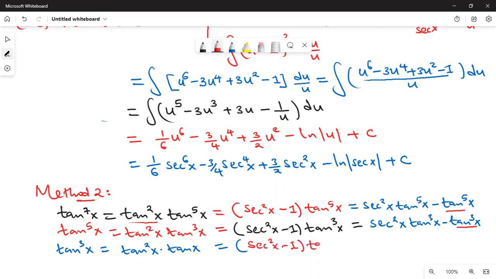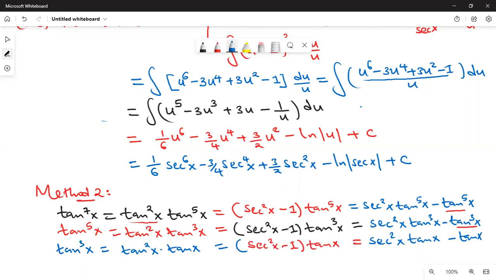Then we are multiplying by tan x. Again, if I open the bracket, I'm going to get sec squared x times tan x minus tan x.